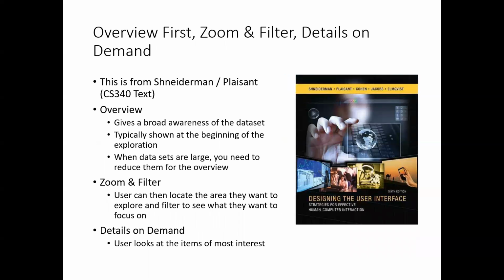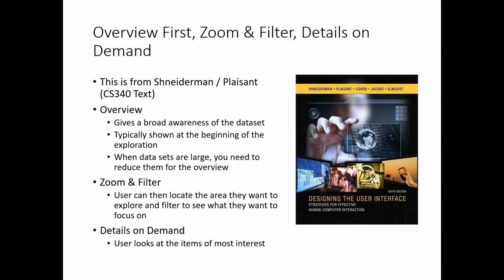This one is from our graphical user interface design class, but it's listed again in Munzner. And it originates from Shneiderman-Plaisant, who wrote the textbook on user interface design. And the idea is to overview first, then zoom in and filter, and then get the details on demand.